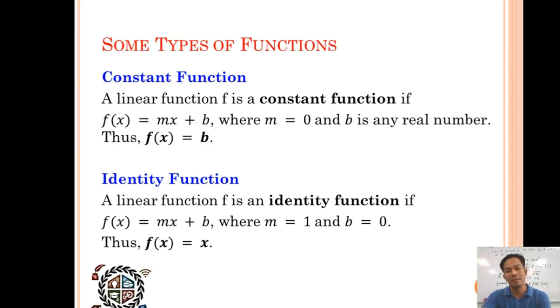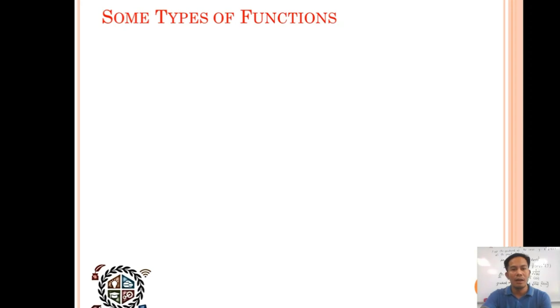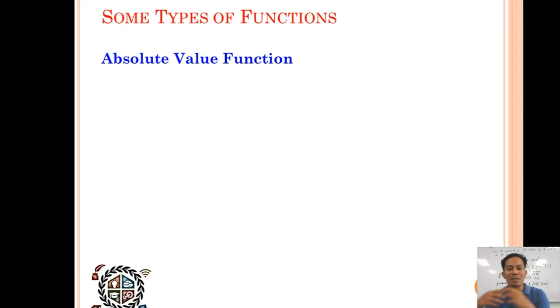Okay, next. Another type of function is what you call absolute value function. Ang absolute value po, kahit na maglagay ako ng negative dun sa loob, magiging positive pa rin siya. Kahit na maglagay ako ng positive dun sa loob ng function, magiging positive pa rin siya.